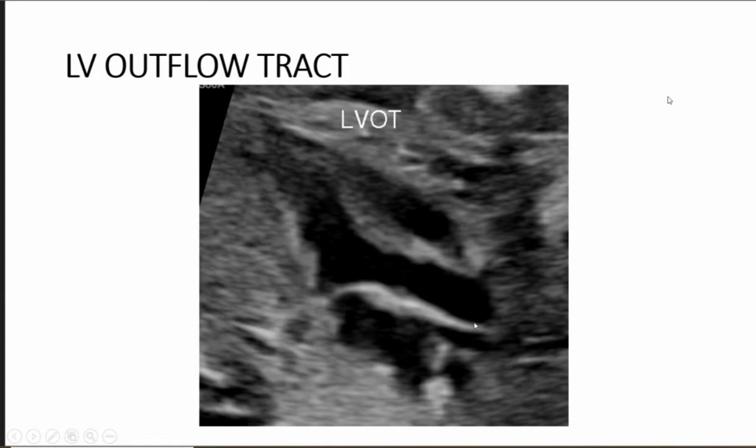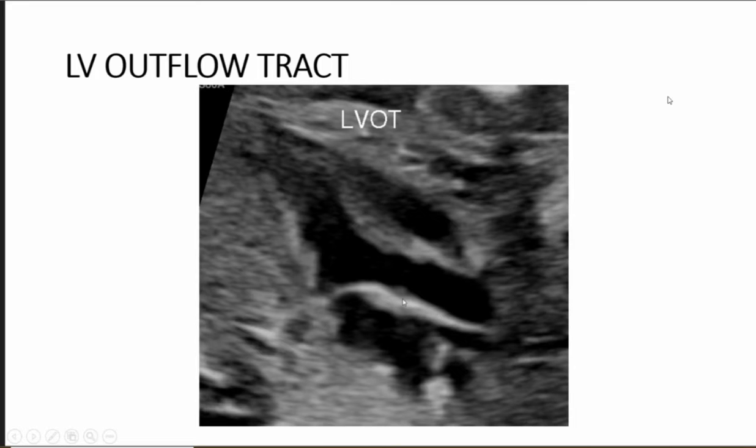Now, the left ventricular outflow tract view has certain characteristics. So this is the left ventricular chamber. The right ventricular chamber anteriorly is over. We have moved to the other side. From the left ventricle comes out the ascending aorta. This is the interventricular septum. So this is the anterior wall of the aorta.